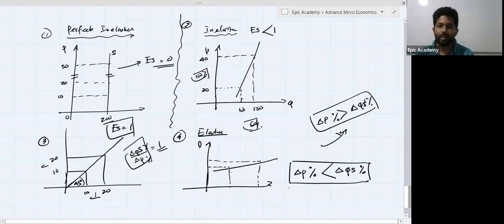This is the difference. Here you can identify this is a change of prices, but this is the response of the quantity supplied. It takes a greater value than the prices. That is why the coefficient takes a greater value than 1.